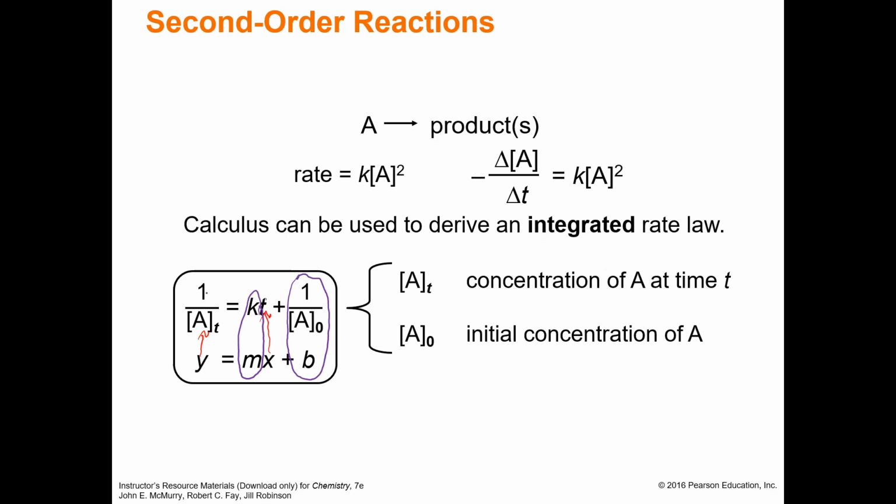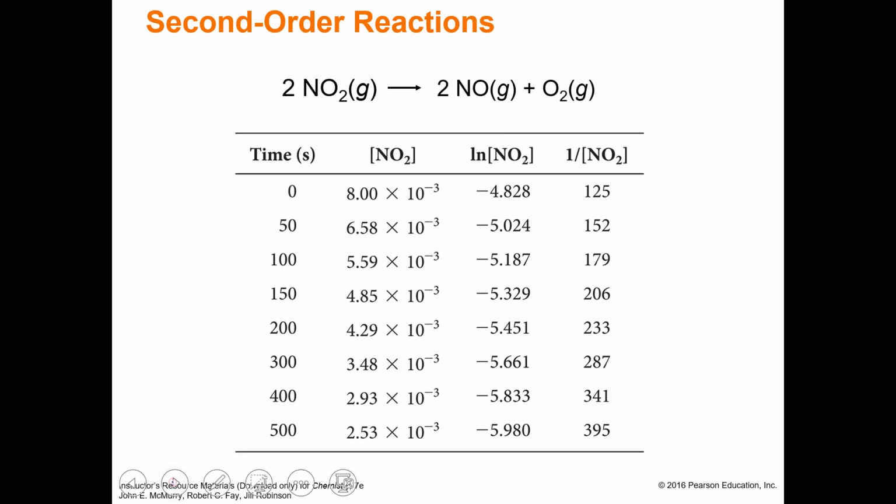Our slope works out to be k, not negative k, but just k. So that gives us our rate constant.